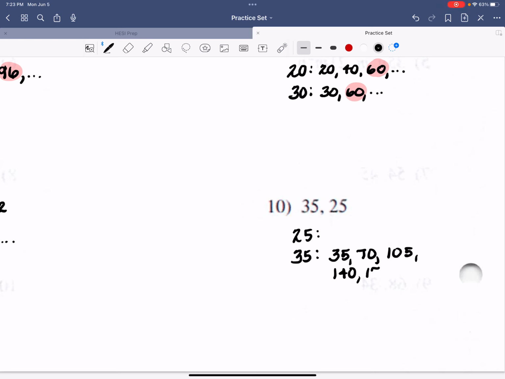Aha. That 175 will work with the 25. And that is the least common multiple.